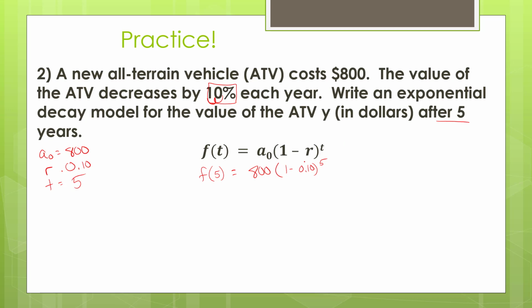We can plug it into our calculator. 800 times 1 minus 0.10 is 0.9 raised to the 5th power. And so f of 5 is going to be equal to $472.39. It has had some depreciation.